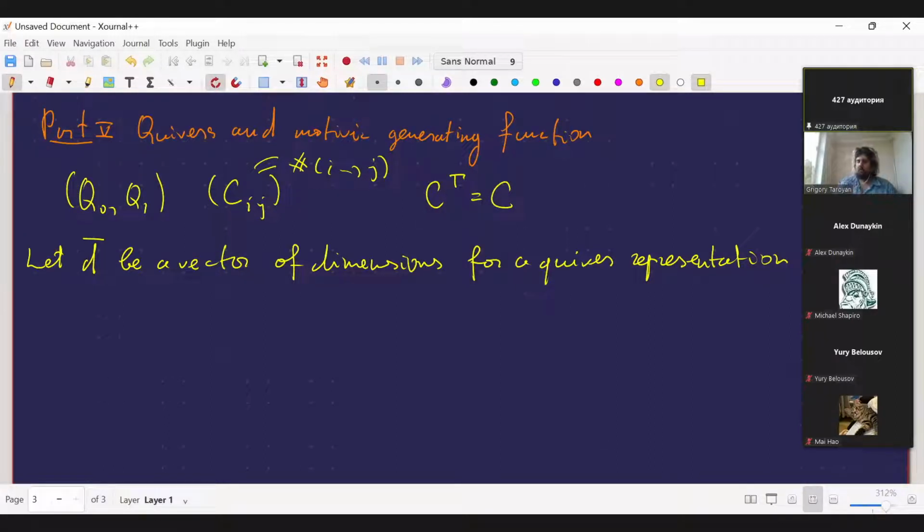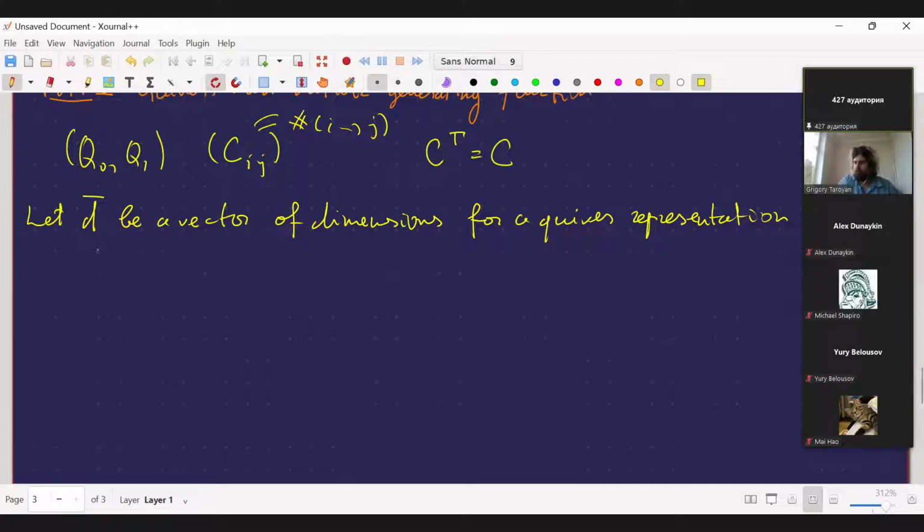What we can construct is the following multivariate series, which is called the motivic generating function. So we take a sum over all vectors d which are non-negative, and we write down the following expression.